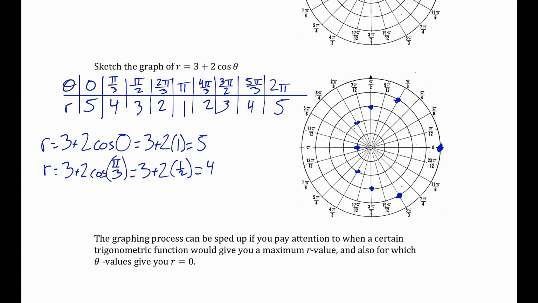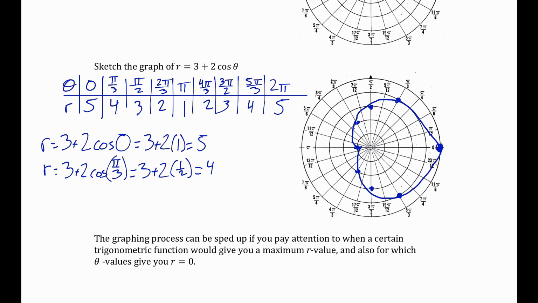And the last one, 2 pi. Well, 2 pi is a full circle, so we're facing back this direction again, and we're going to go 5 out. We end up being in the exact same spot that we have been. So connecting those dots in order, this was our first point, our second point, our third point, our fourth point, our fifth point, drawing it as smooth a curve as we can.